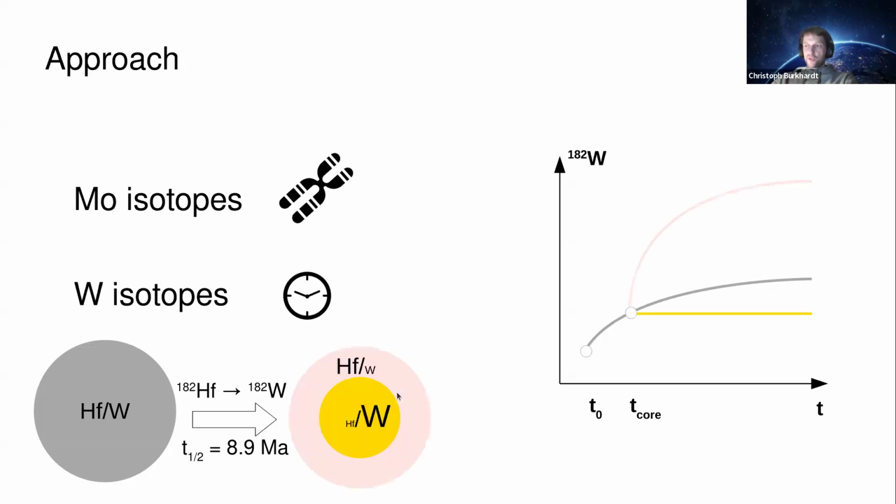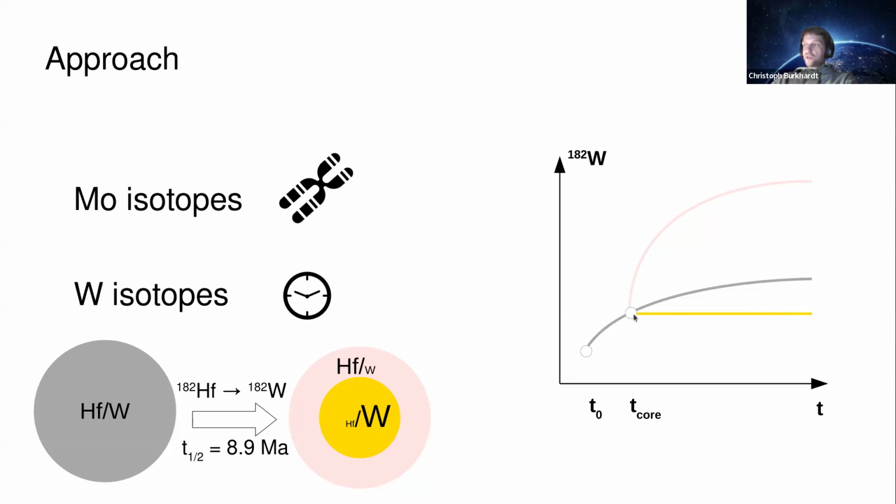Now, if the body differentiates, because hafnium is lithophile, it will not partition into the core, but tungsten is siderophile and will partition into the core. That means at the time of core formation, the core actually freezes the tungsten isotopic composition of the body at that time. So if we have a sample from the core that we measure now, that's the same composition as the body had when the core formed.